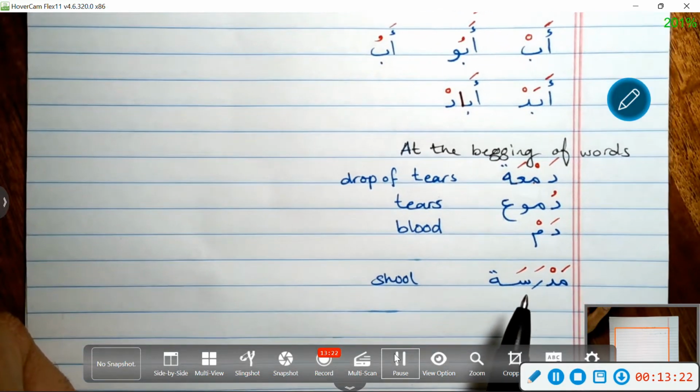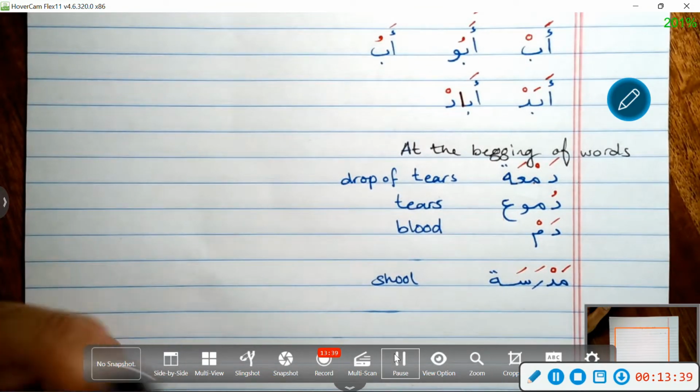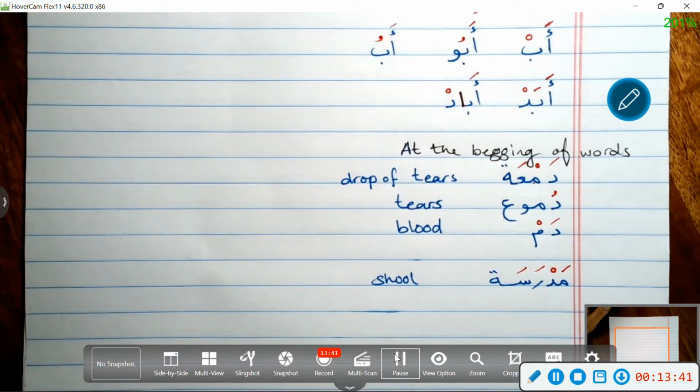We don't say madarasa. Madrasa. سكون. مدرسة. سكون. Now here the dal is in the middle of the word and it's connected from the beginning.